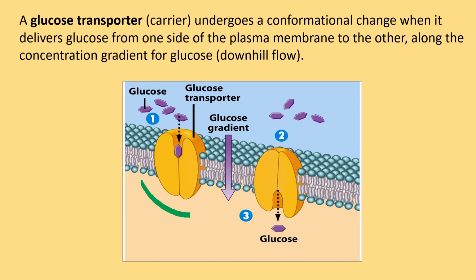A glucose molecule has the perfect shape to fit into that little nook in the glucose transporter. And as soon as a glucose molecule fits into the nook, guess what happens? The protein changes shape, and that glucose molecule is released on the other side of the membrane. This is how glucose gets into our cells. Our cells all have glucose transporters in their plasma membrane.